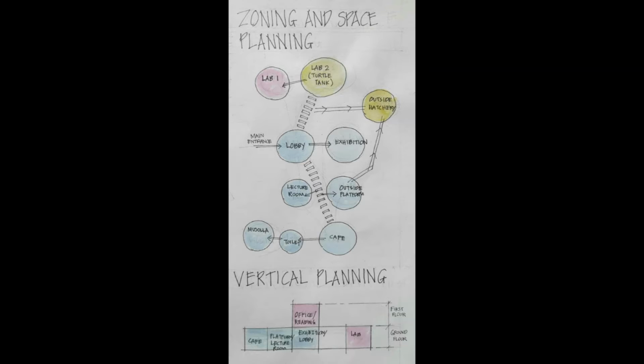For the semi-private space, it consists of laboratory 2, which is for the rehabilitation turtle tank, and also the hatchery area outside the building for the turtles to lay their eggs. And lastly, the private space consists of laboratory 1 at the ground floor and also the office and research area at the first floor, located at the middle part of the building. The private space can be accessed only by the staff working at the center.